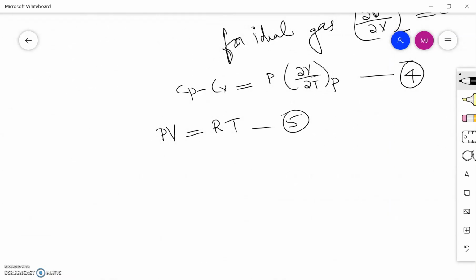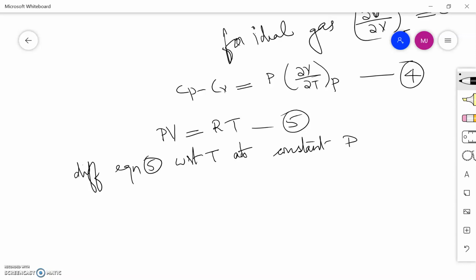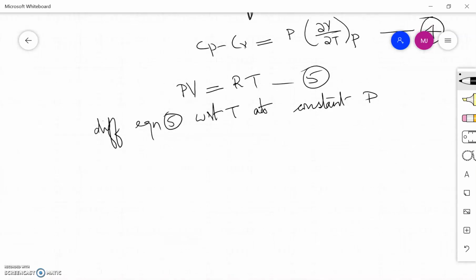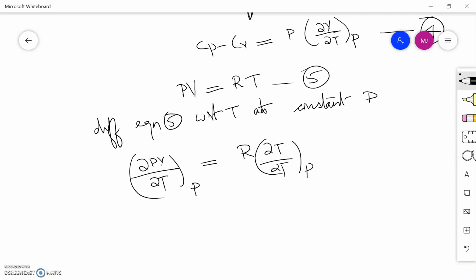I'm going to differentiate equation 5 with respect to temperature at constant pressure, so that the equation will be ∂(PV)/∂T at constant pressure equal to R into ∂T/∂T at constant pressure.